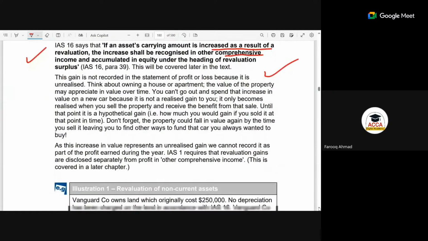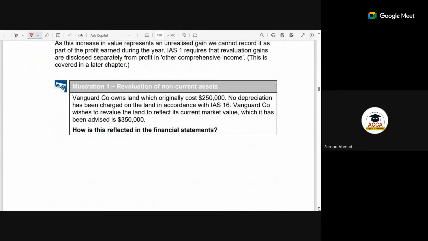This is an example of a revaluation. A land originally cost 250,000, no depreciation had been charged, and in accordance with the standard the company wishes to revalue the land to reflect its current market value, which is now 350,000, as advised by the revaluation expert.